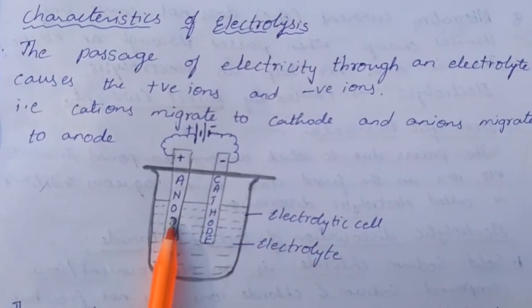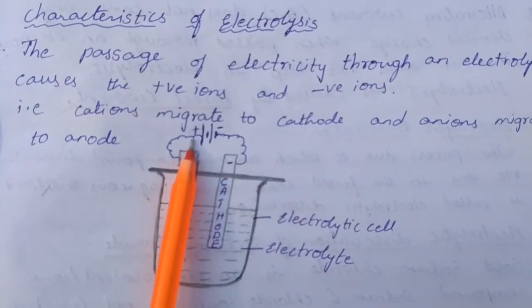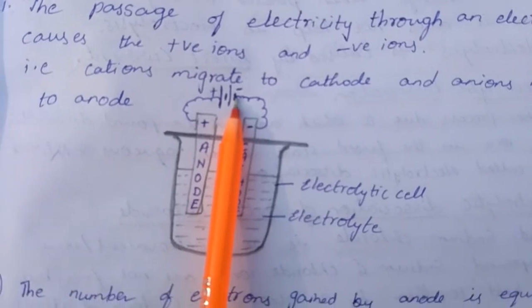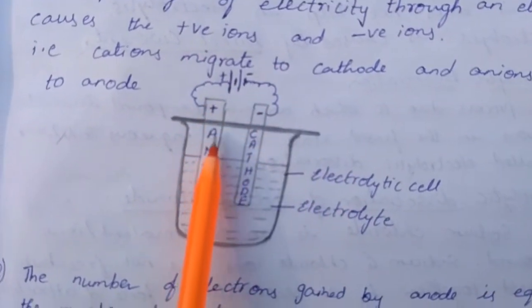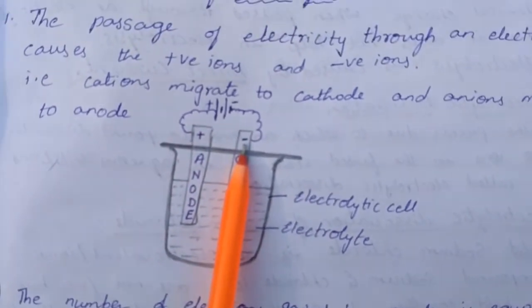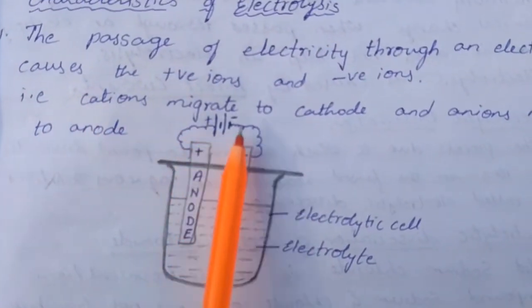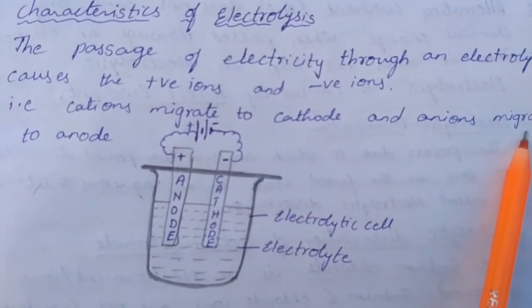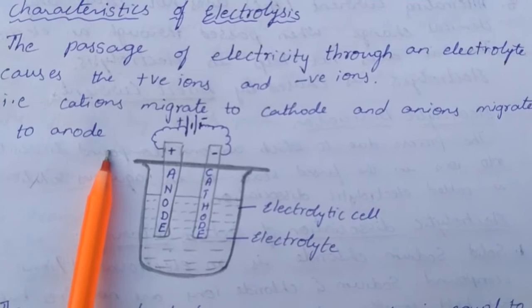The anode is connected to the positive terminal of the battery and the cathode is connected to the negative terminal of the battery. That means the anode is the positive terminal and the cathode is the negative terminal. So, cations will migrate to the cathode and anions will migrate to the anode. Understand?